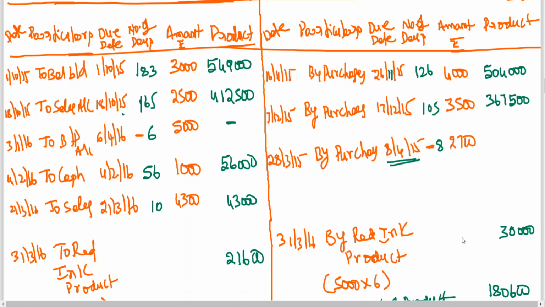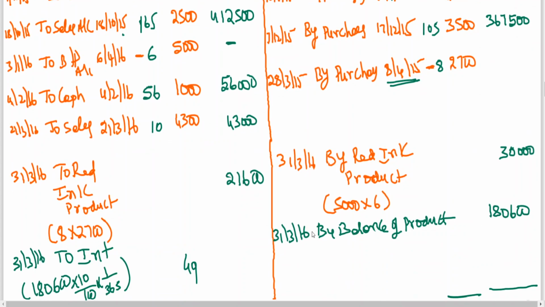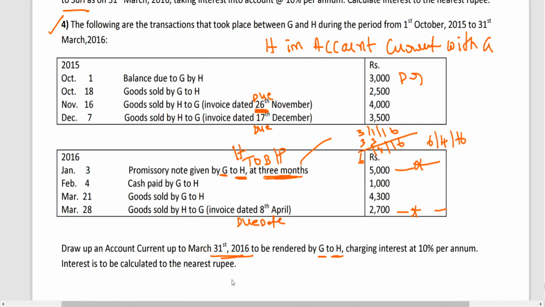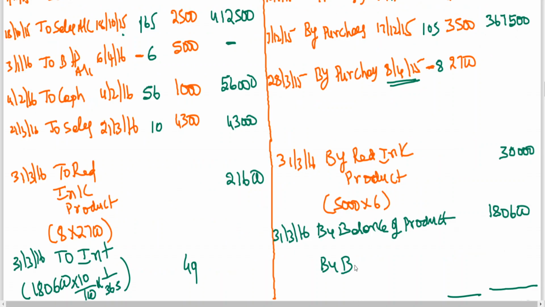We are getting 5,649 as the balance. Here there is no settlement. The previous problem's amount was settled, but here no settlement is mentioned. So we can write by balance carried on in the amount column, 5,649.